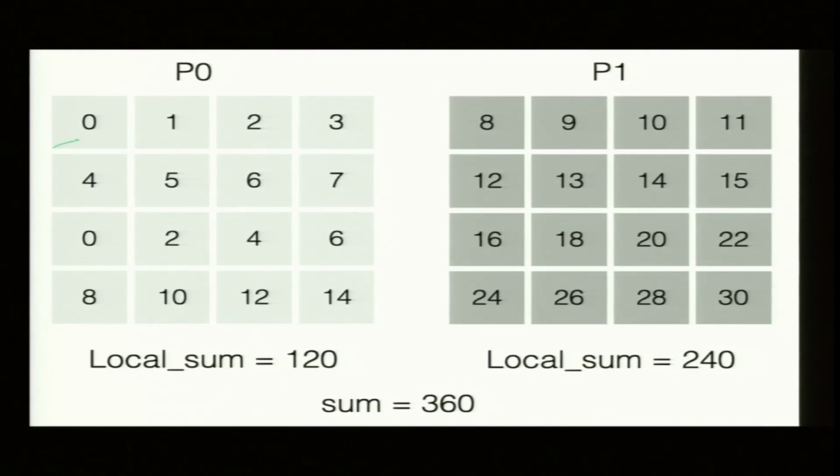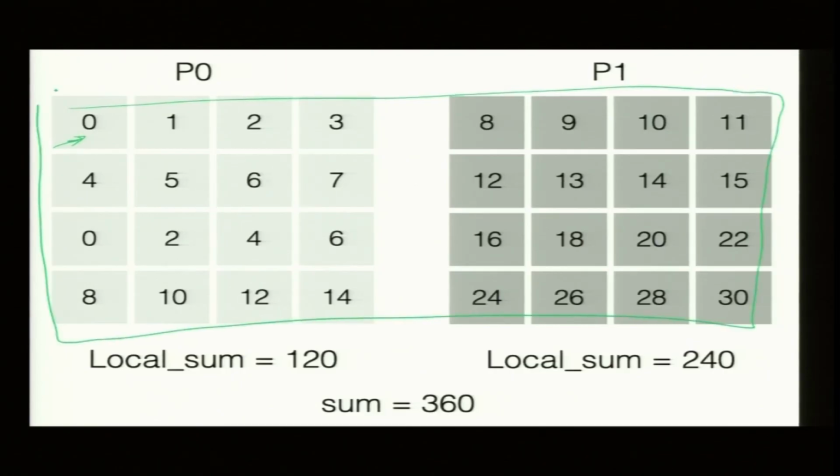This is the same array which I used in the last example. This is the full data, but I would divide it into two processors P 0 and P 1, and the numbers are exactly the same as what I used in the last example, 0 to 15. Oh, there is a problem.